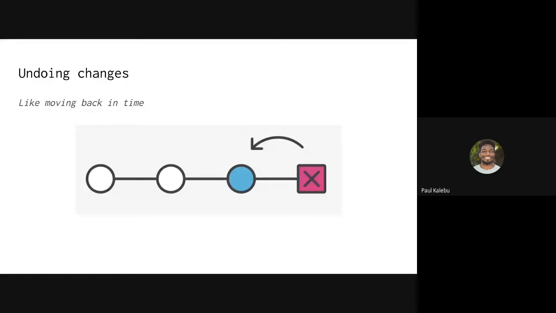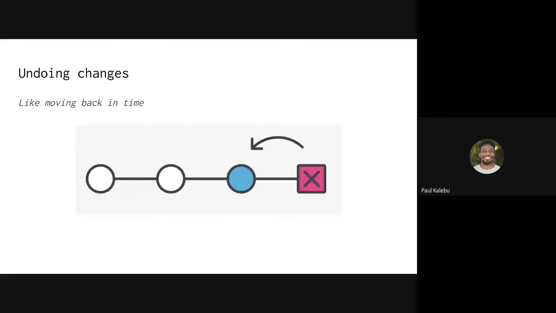Okay. Yeah, so as I mentioned, merging versus rebasing are some of your options for making changes and merging them with the main branch. And then you saw some stuff with undoing changes.